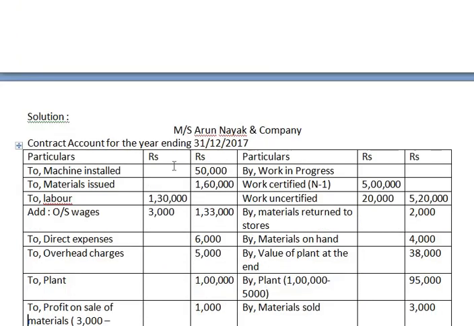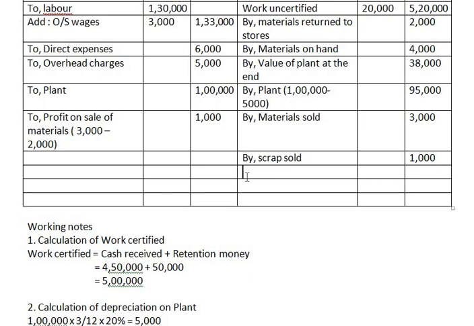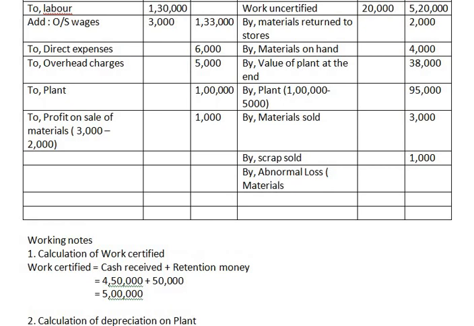So this we are going to show on the credit side by abnormal loss, in bracket you can write materials lost, worth rupees 8,000.